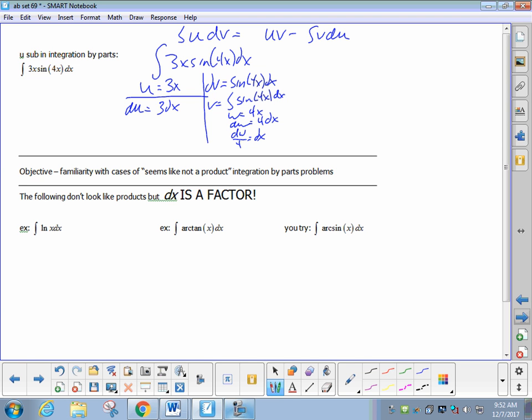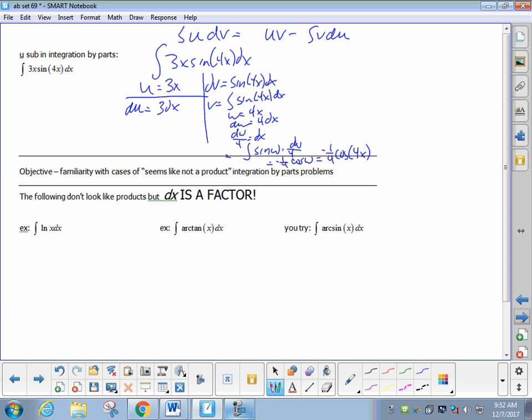After that, it becomes the integral of sine w times dw over 4, which is negative 1/4 cosine of w, which at the end of the day is negative 1/4 cosine of 4x. That's the w-sub. You with me? Any questions, or did I make a mistake?